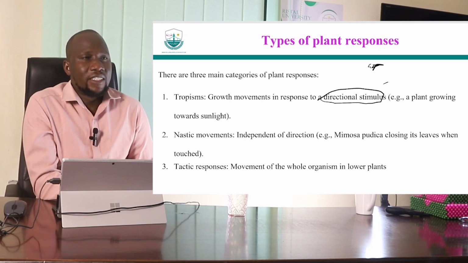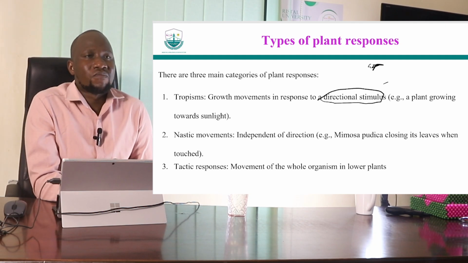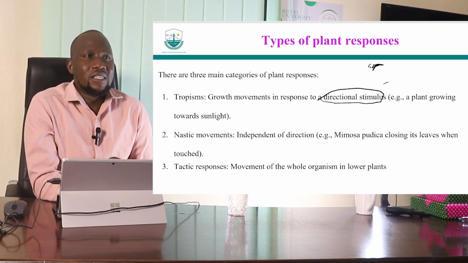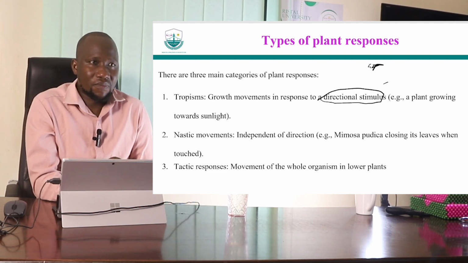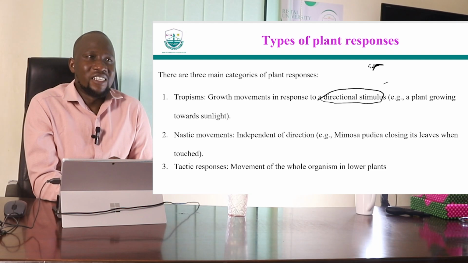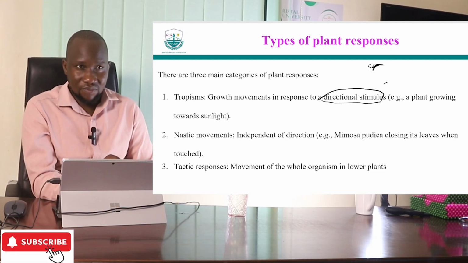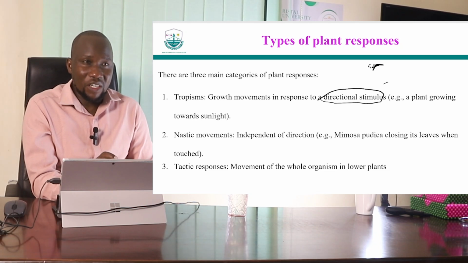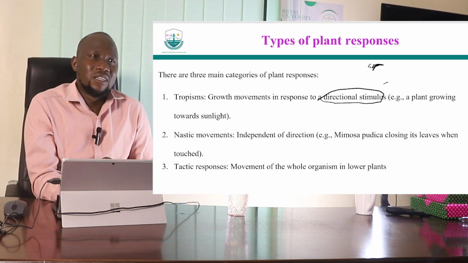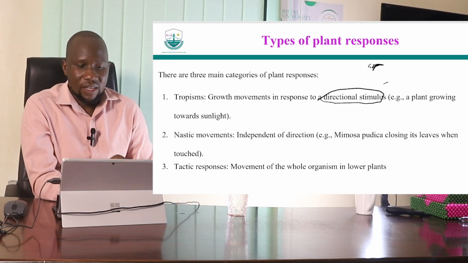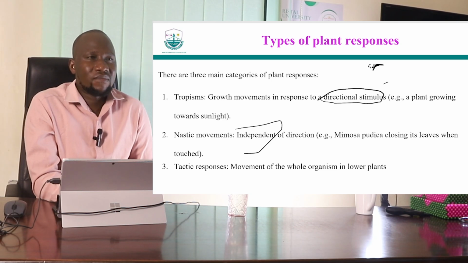And then nastic movements. For them, the change in the environment or the stimulus does not have a particular direction. Okay, so the response is not dependent on the direction of the stimuli. That's why we are saying it is independent.